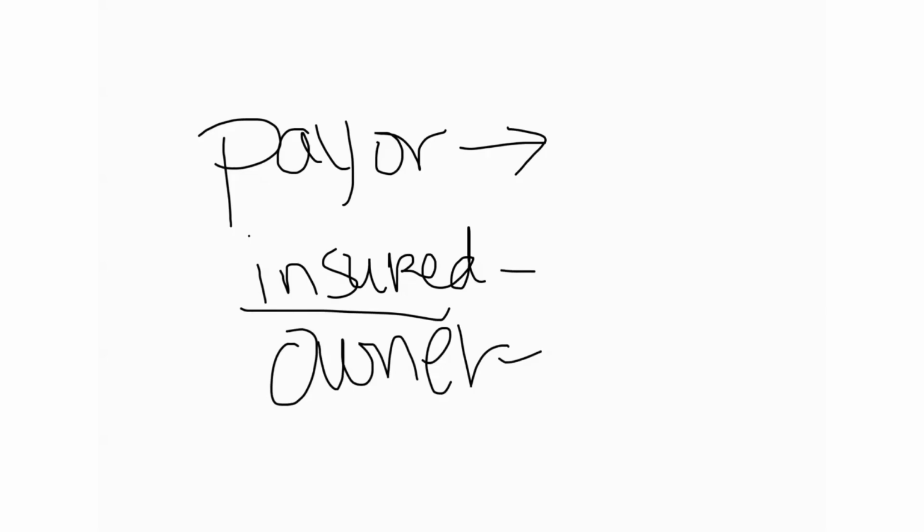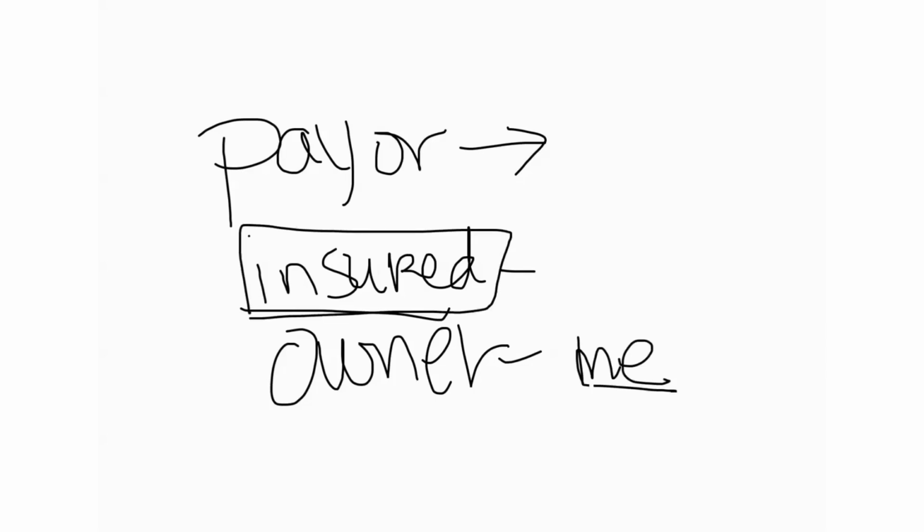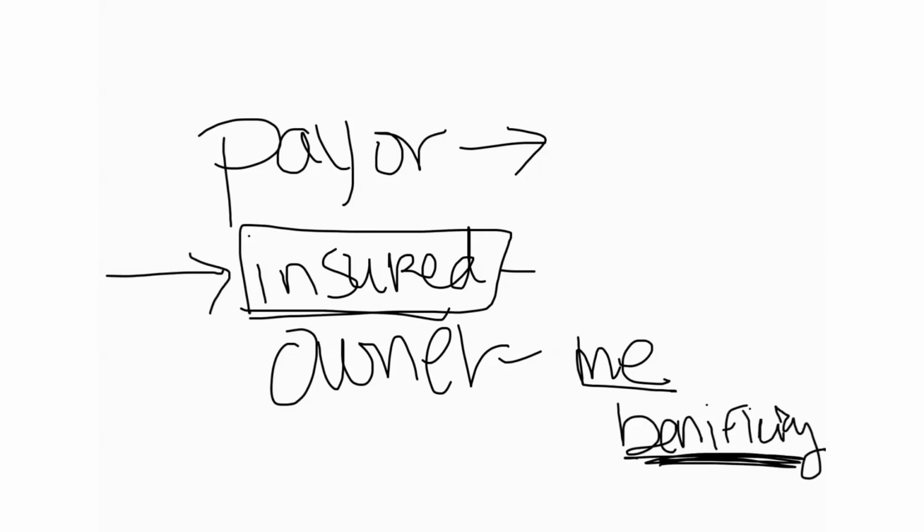So let's say I buy a policy on my daughter, and my husband is the one it's coming out of his checking account. So I'm the owner, I'm the decision maker, I own the cash value, that's me. But it's based on my daughter's life. If my daughter dies, the death benefit pays out to the beneficiary. That's another person, the beneficiary. That's who gets the money.